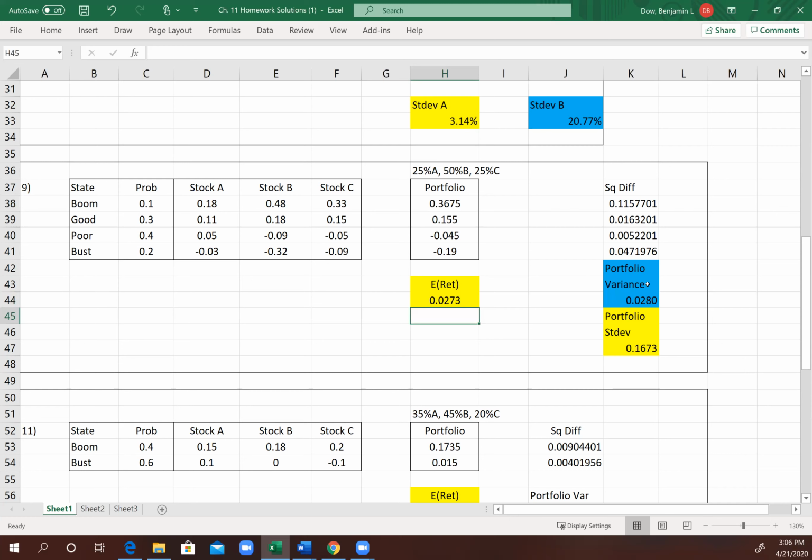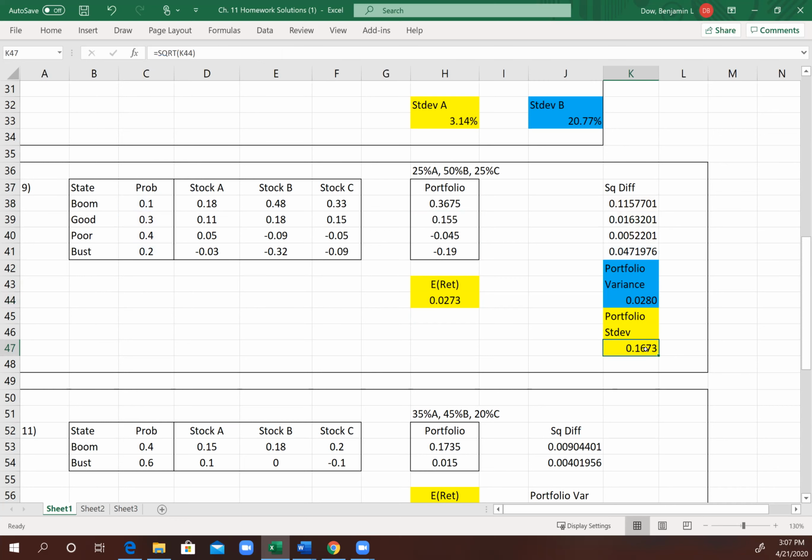We could then find the difference between the portfolio and its average and square that difference. Then take the weighted average of the squared differences, that's the variance.